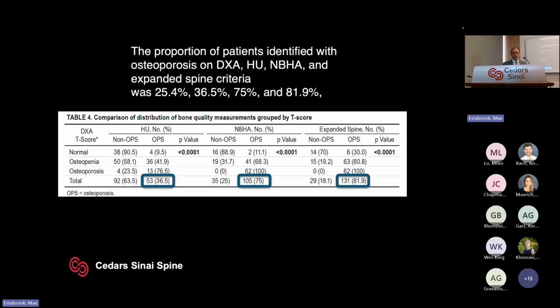And they asked, how well do these things actually predict osteoporosis? Well, DEXA predicts it about 25% of the time. So you're missing 75% of patients with osteoporosis with DEXA alone. Hounsfield units, I thought these were so much better.